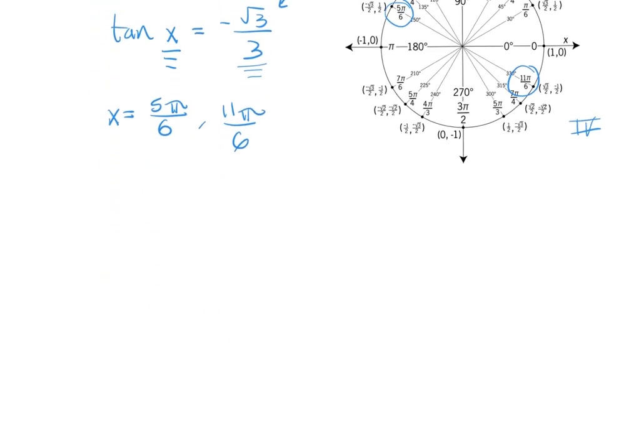Okay, let's do one more example in that same category. So this time, -2 minus the square root of 3 over 2 equals -1 plus cosine of theta. All right, so this looks a little complicated.